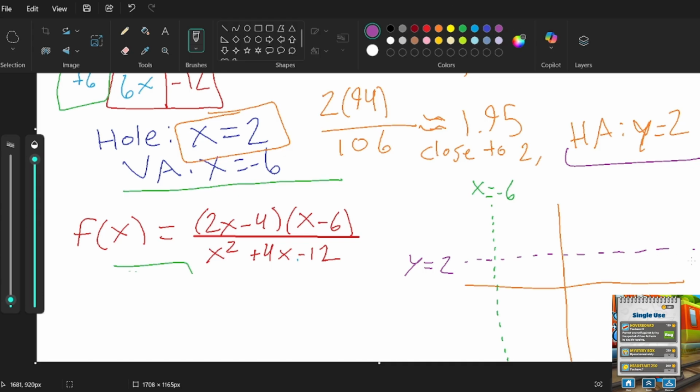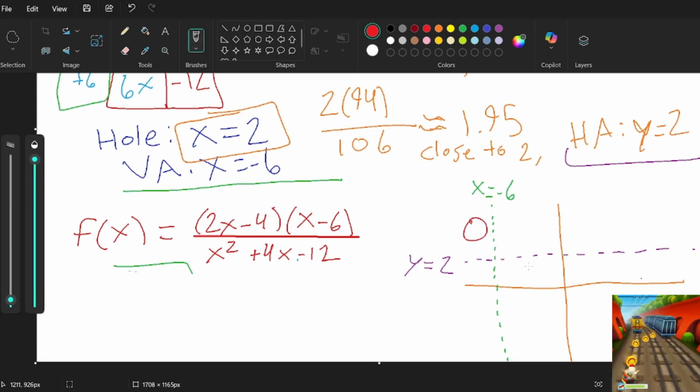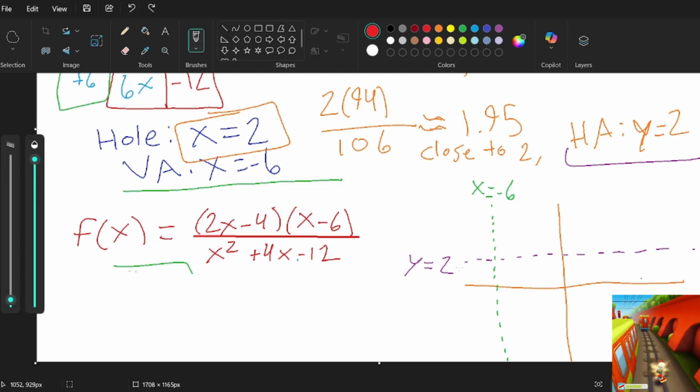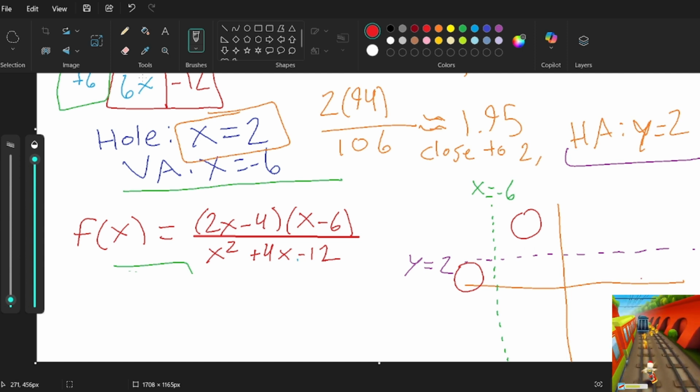So I know that my function's not going to touch those lines, right? That's just the definition of a vertical and horizontal asymptote. And then all I really need to know left is whether it's in this top left corner and bottom right, or if it's in this bottom left corner and the top right of my asymptotes.